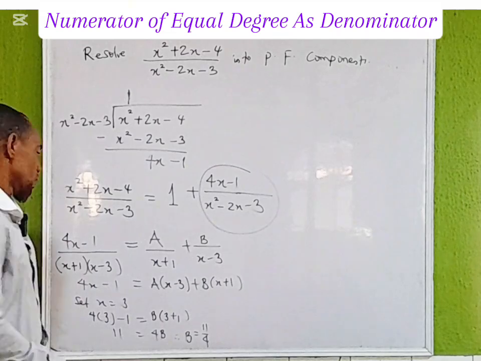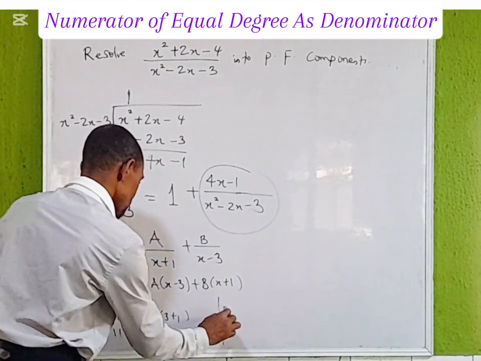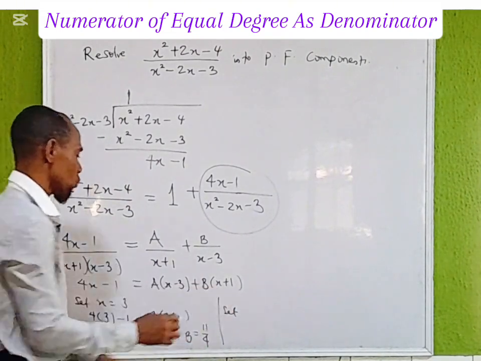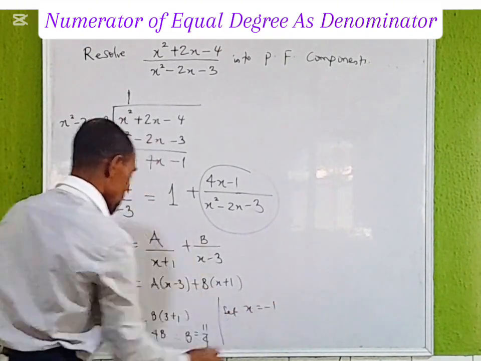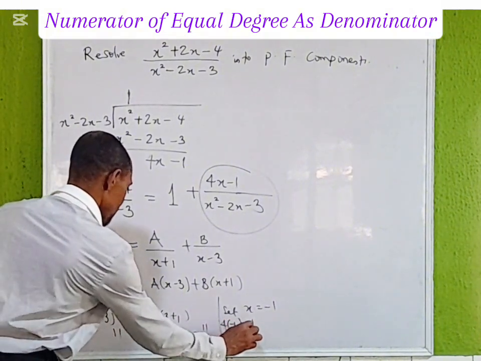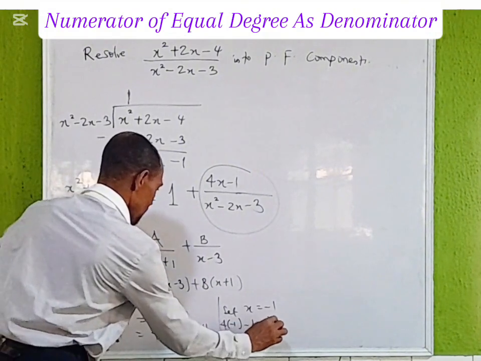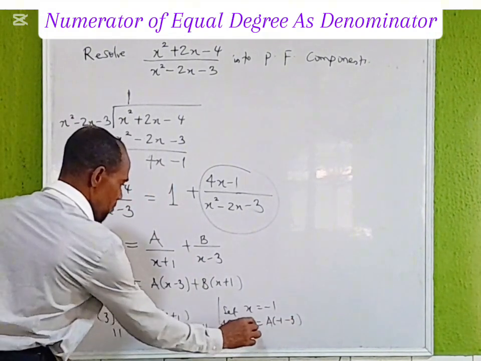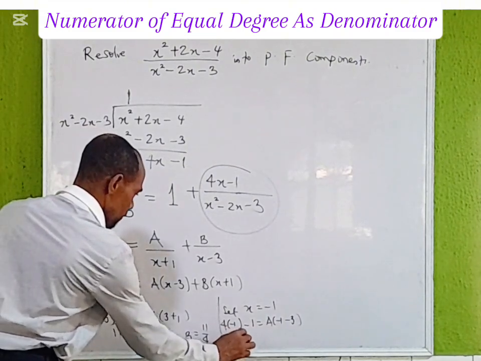That's for b. In a similar vein, to eradicate b, we set x to be the additive inverse, which is minus 1. X will be minus 1. Hence, we have 4 times minus 1 minus 1 equals a times minus 1 minus 3. So we have minus 4 minus 1, that's minus 5.